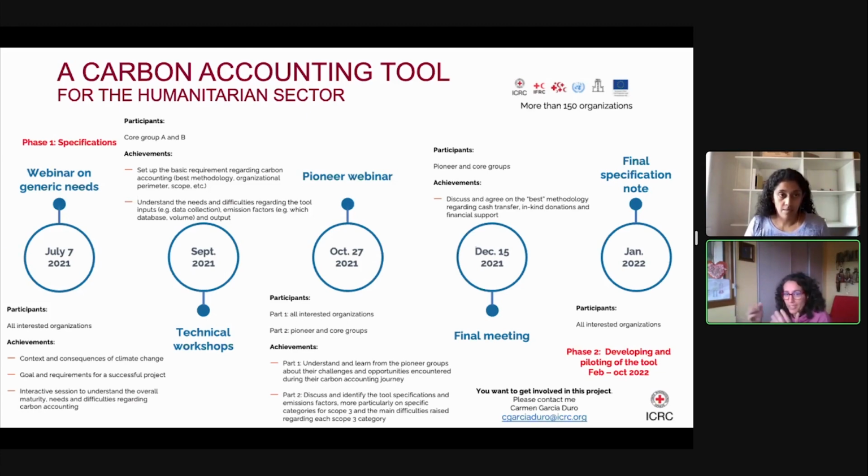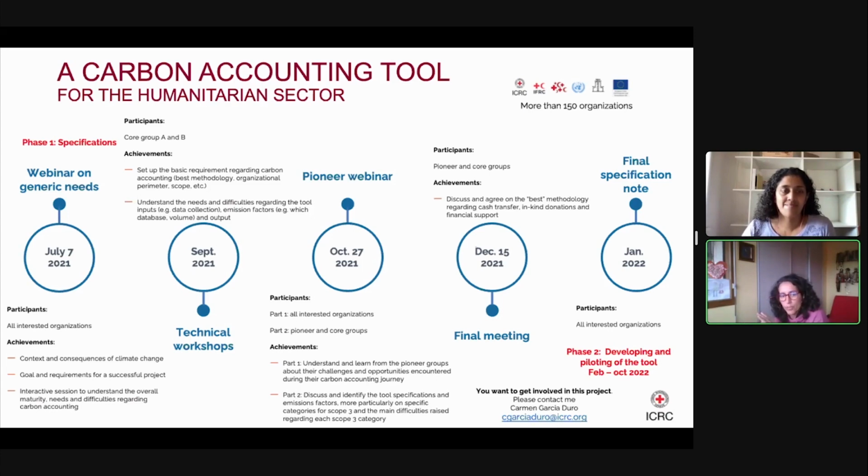That people were really looking for something like this, but also to understand between all of us the contents, the consequences, and to give tools to the people participating in order to convince their managers, because normally the people participating are already sustainability aware, but maybe their managers are not. So we really gave them tools to say, this is the way that you can convince your managers of the importance. That was the first webinar.